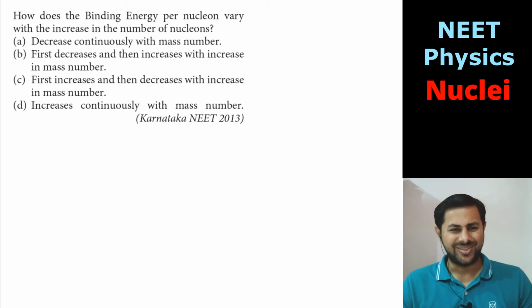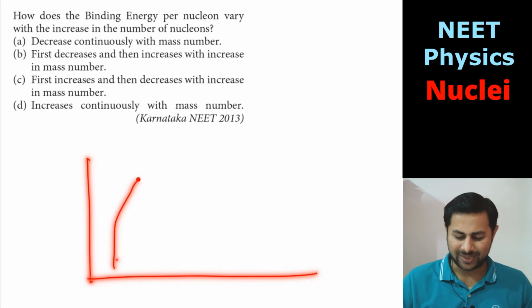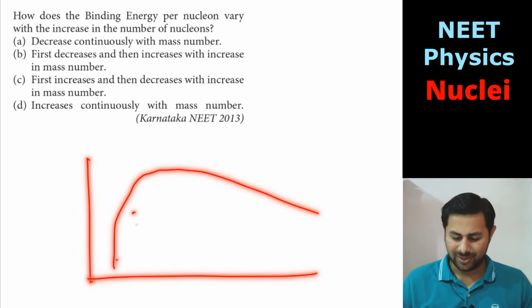It's very simple, no? We had seen this curve, the binding energy per nucleon curve. It starts like this, then it goes like this. So in the EBN versus A curve, first binding energy increases, then it goes on decreasing. So first increases and then decreases with increase in the mass number. It's option C, right? Okay, this is very simple.